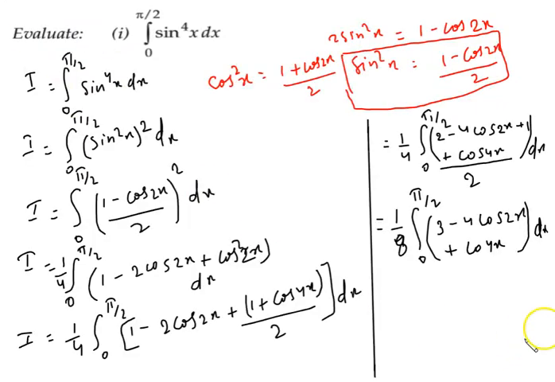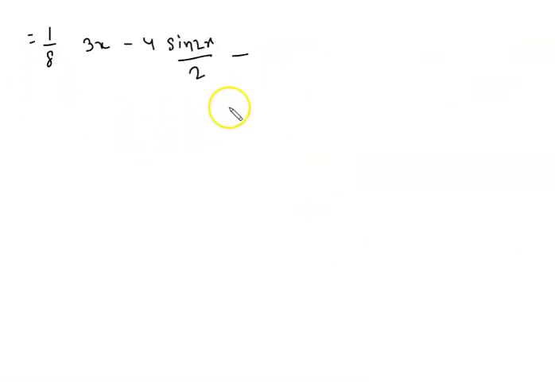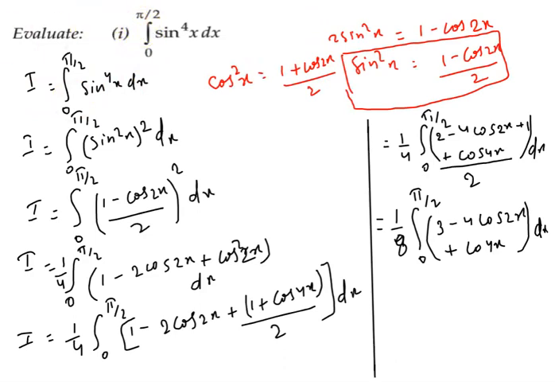Now 4 cos 2x: the integration of cos 2x is sin 2x divided by 2, so minus 4 cos 2x becomes minus 4 into sin 2x by 2. And for cos 4x we can write sin 4x by 4. Are you getting my points, guys? The limit is 0 to pi by 2.